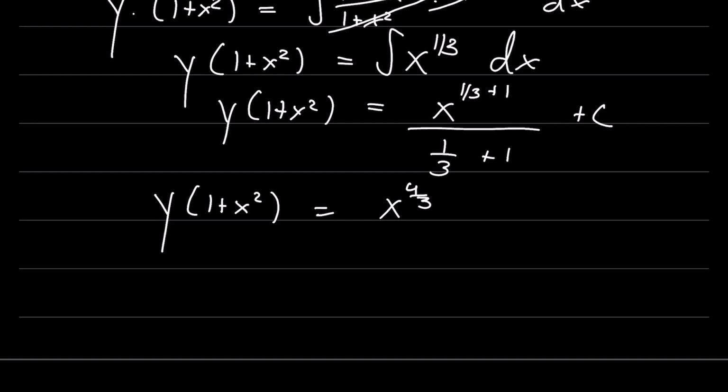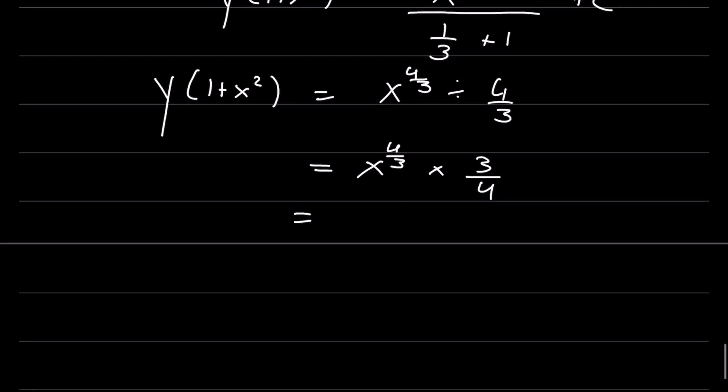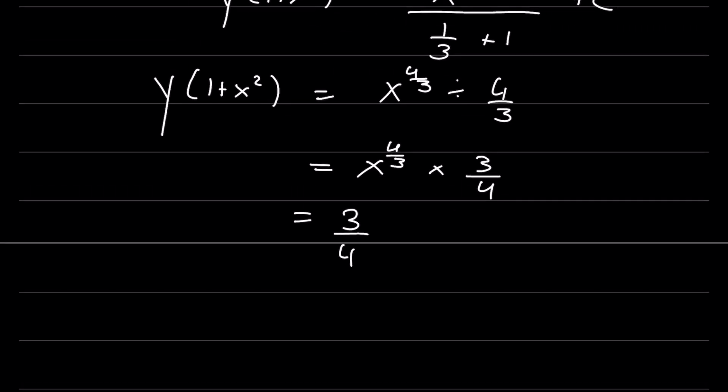The denominator is also 4 over 3, so it's divided by 4 over 3, which is equal to x to the 4 over 3 times 3 over 4, so it's equal to 3 over 4 x to the 4 over 3.